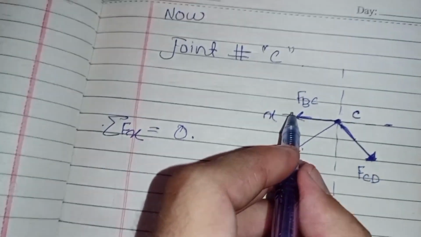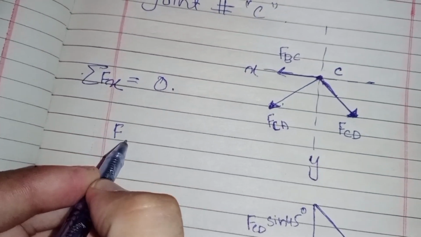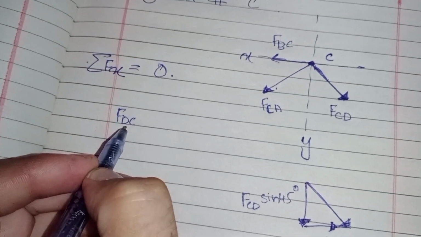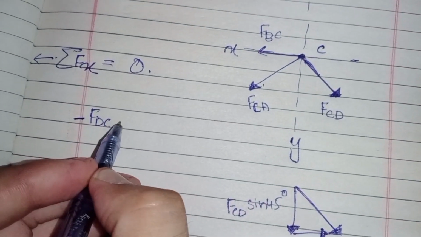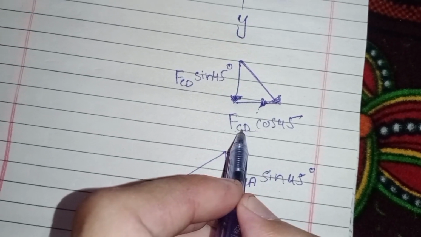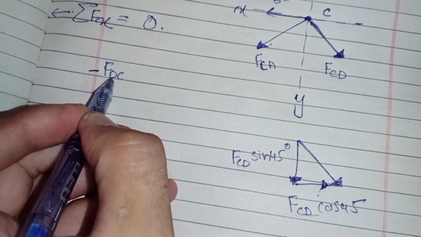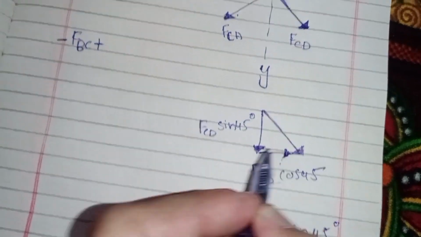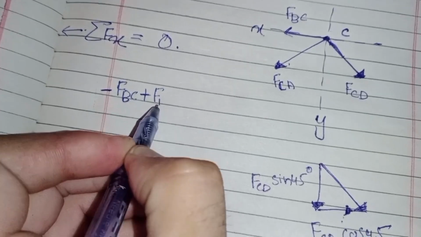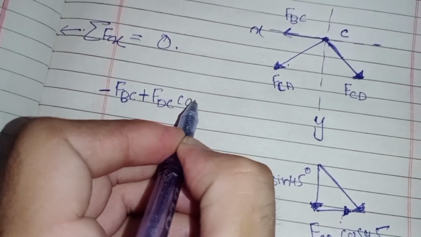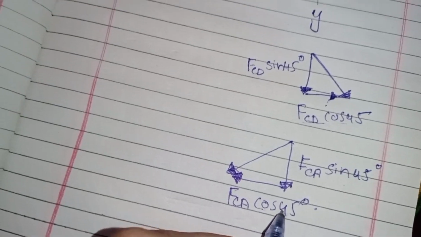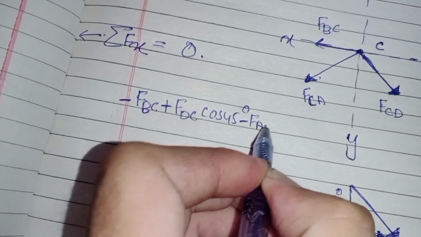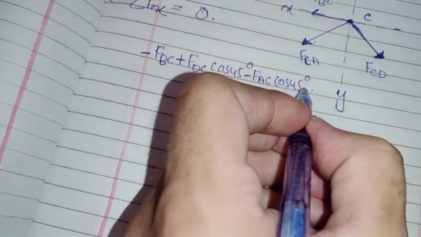The first force is FDC, and directed toward left it is negative, and the other force, sorry, this is FBC. So FDC cos 45 plus FBC, because it is toward right, and also this force FAC cos 45 negative, FAC cos 45 degree equal to 0.